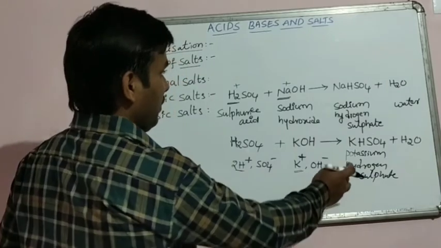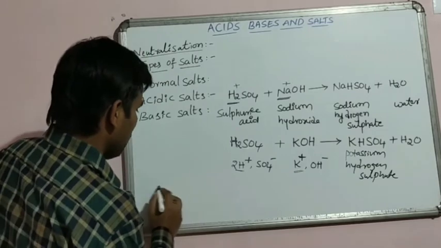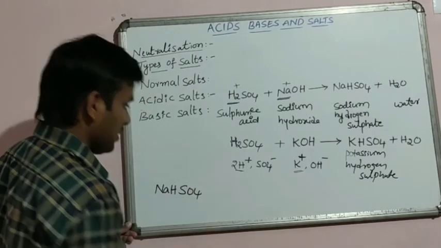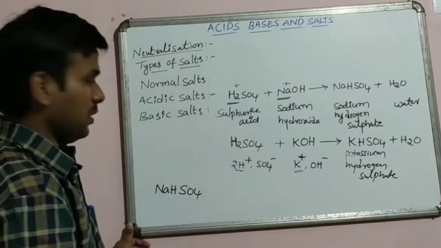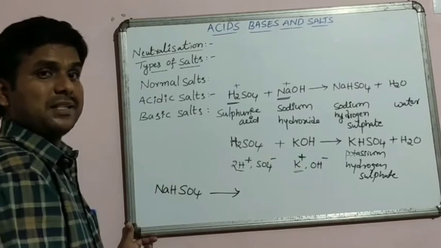How do we identify the acidic salts? For example, we take sodium hydrogen sulfate. This is an acidic salt. How is this salt an acidic salt?